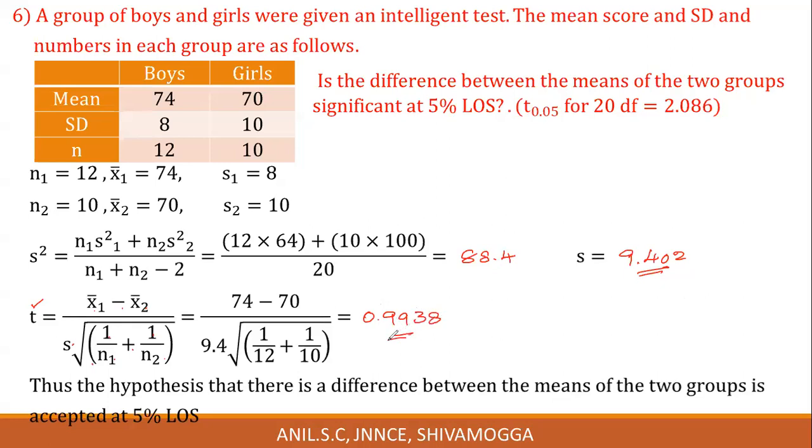That must be correct. 0.9938, and clearly this is less than the table value, which is 2.086.